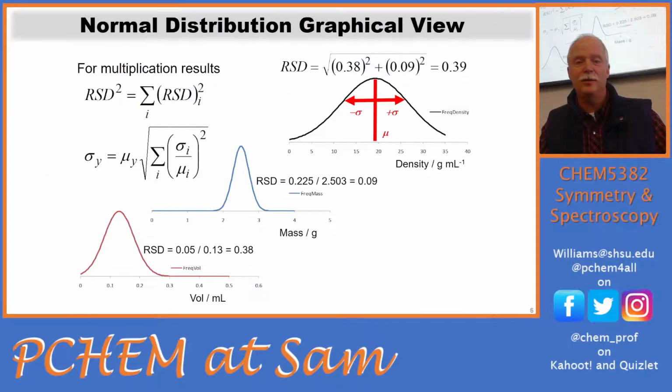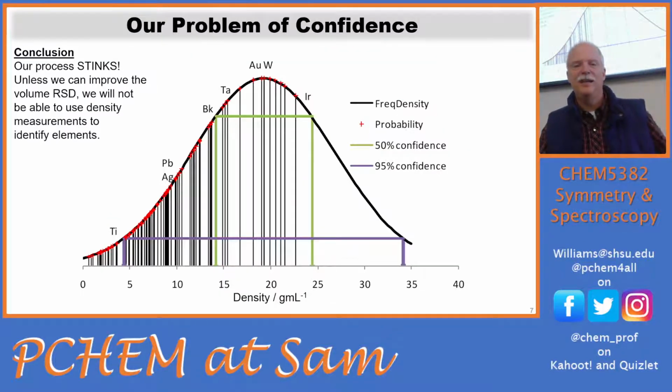So let's put this on a bell curve, even though we really don't know that it's a bell curve, but we'll just pretend. Our volume had a wider width than our mass measurement, and those figure into our total. Here's the 19.25 and we were trying to determine between gold or tungsten.